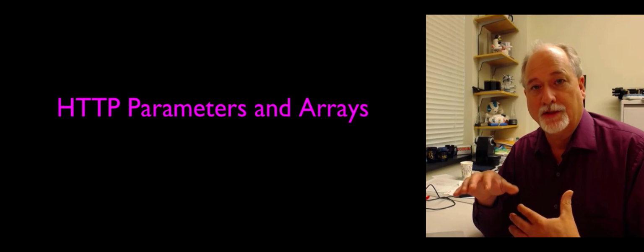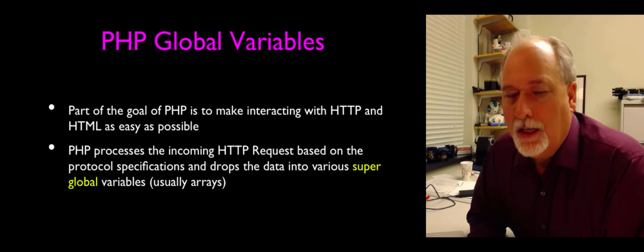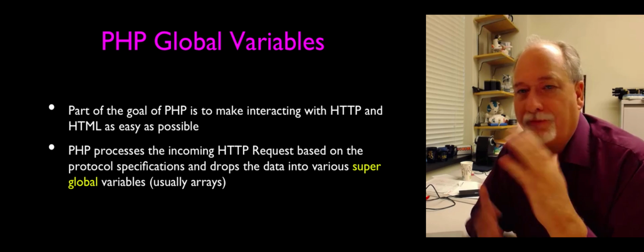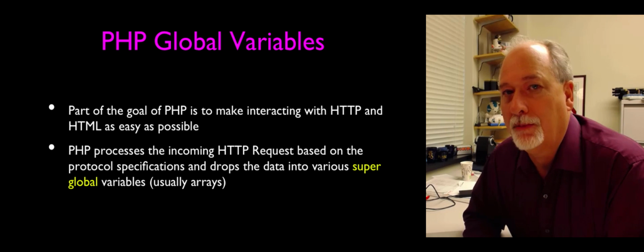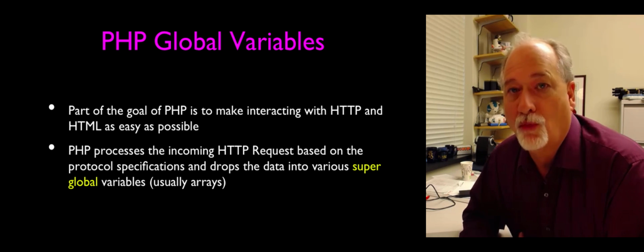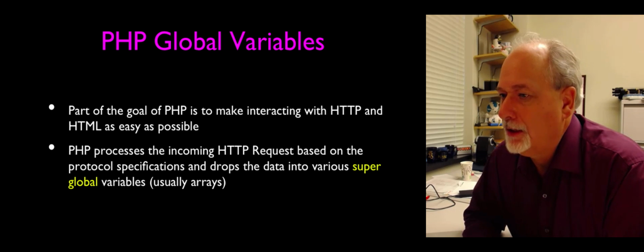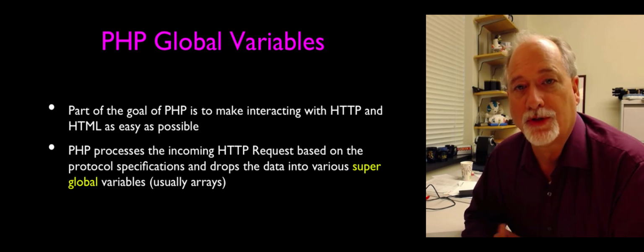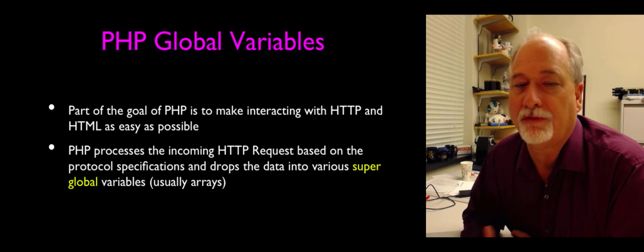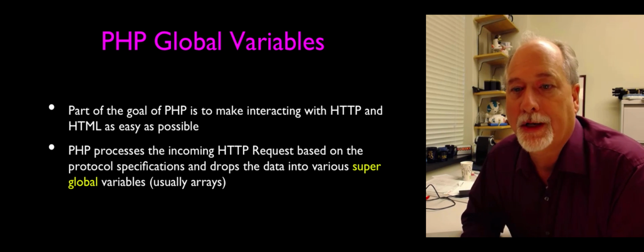So now I want to talk a little bit about how we use arrays to access data from HTTP. HTTP, of course, is the Hypertext Transport Protocol. Back when we first started talking about PHP, the goal of PHP is to write web applications and do all the hard work for you. So things like parameters that users type into their browsers, into forms, or on URLs.